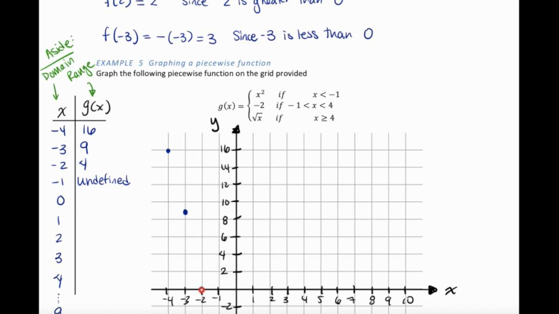Negative 2 gets a dot at 4. And then at negative 1, if I were to square negative 1, I'd get a positive 1, but it's not included in my piecewise function here. So I'm just going to draw an open dot where that positive 1 should be, because it's not included.